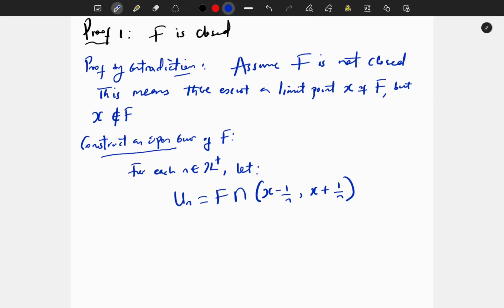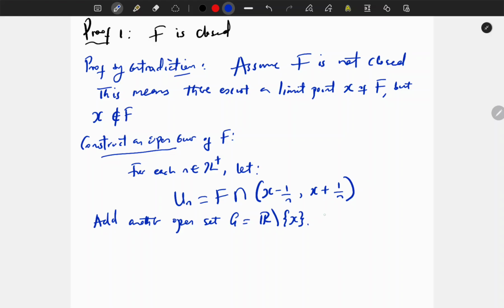So this interval covers all points in F close to x. That means we need to add one more open set. Add another open set G, which is equal to R take away x. Because Un already covers x, we just need to include the points which this does not cover, which is R take away x.